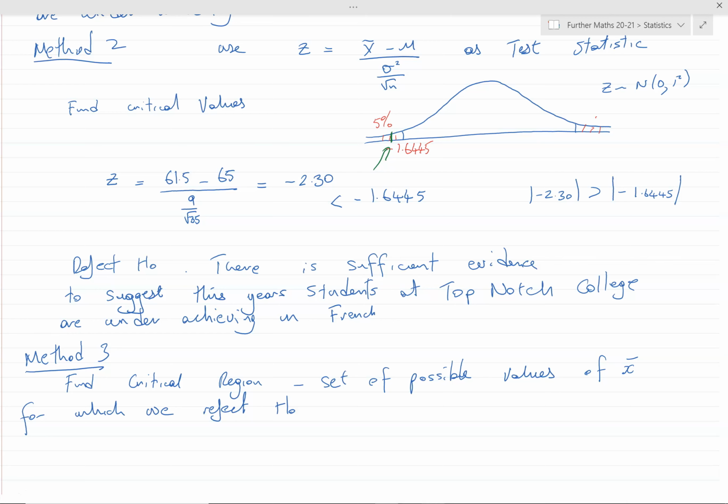I did say early on that this is the most involved, but actually, with the calculator we're allowed to use now, it probably isn't, because we can use the inverse normal. Remember, going back to our sampling distribution, it is normally distributed with assumed mean 65 under the null hypothesis, and a variance of 9 squared over 35, or a standard error of 9 over the square root of 35.